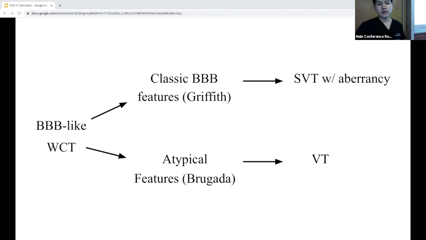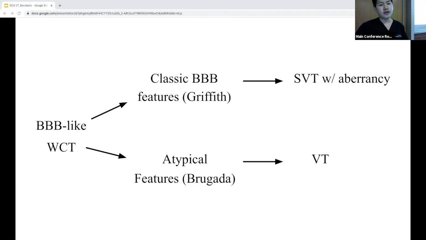All right, so there's another method. If you're looking at a wide complex tachycardia and it looks like a bundle branch block, you can divide them into two different categories. One is whether the EKG has classic bundle branch features, as proposed in a paper by Griffith. If they do, you can conclude it's SVT with aberrancy.